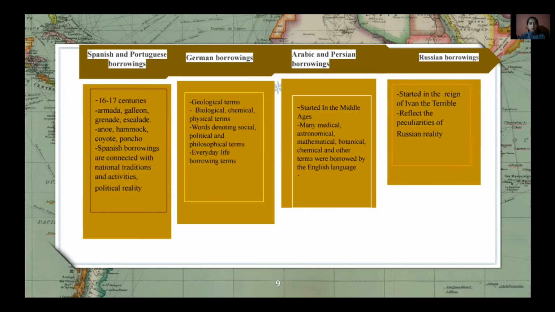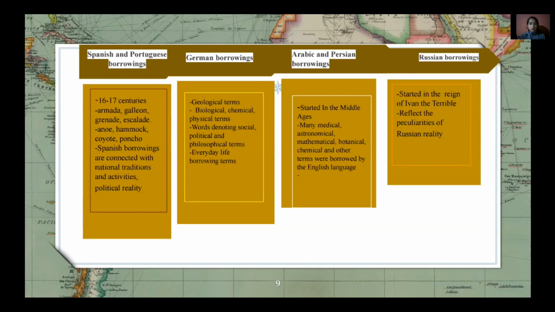Arabic and Persian borrowings developed in the Middle Ages and gave the English language many medical, astronomical, mathematical, botanical, and chemical terms like serum, algebra, coffee, spinach, alcohol, arsenic. Many other borrowings are connected with Arabian reality, like giraffe, zebra.